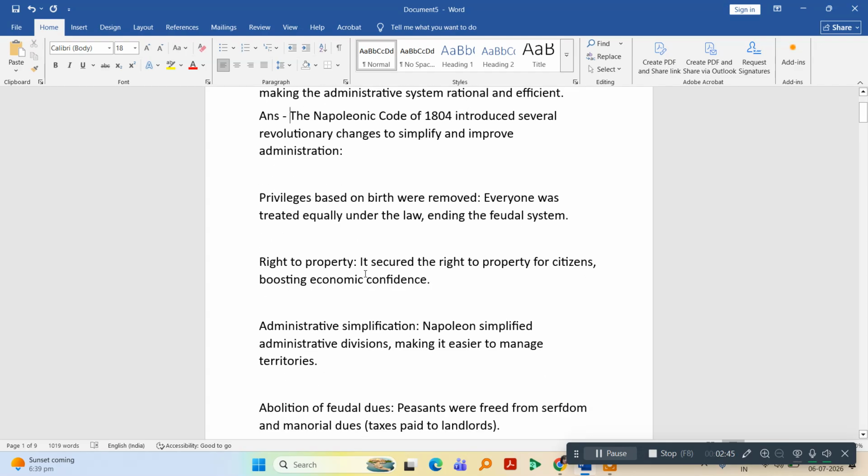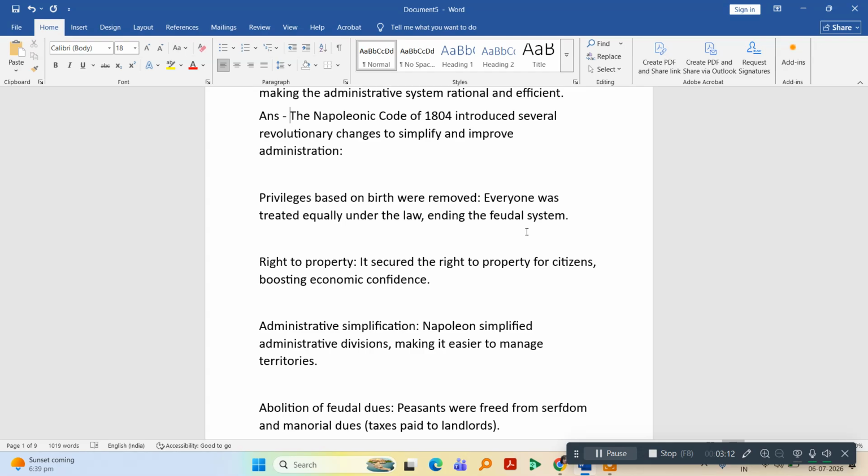Right to property. It secured the right to property for citizens. The citizens were given the right to property, and there was also boosting of economic confidence. Administrative simplification. Napoleon simplified administrative divisions, making it easier to manage territories.